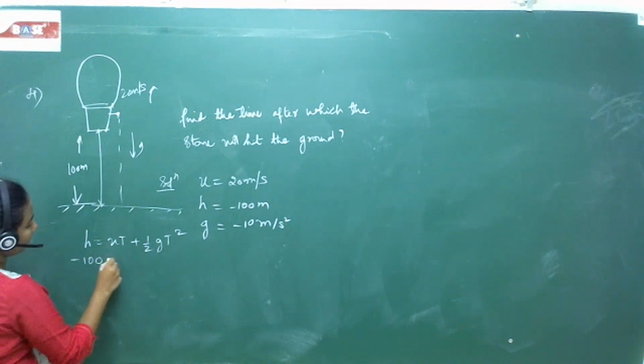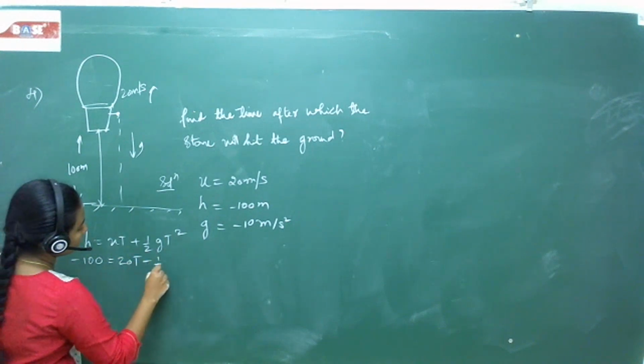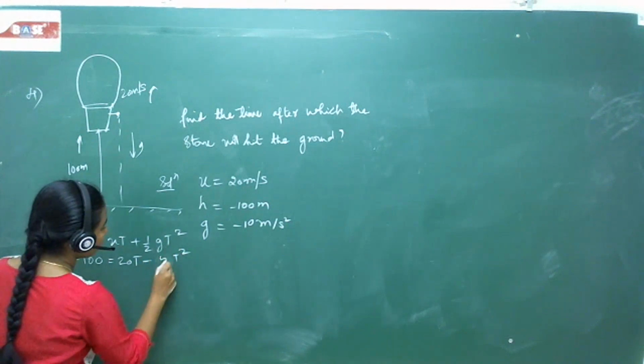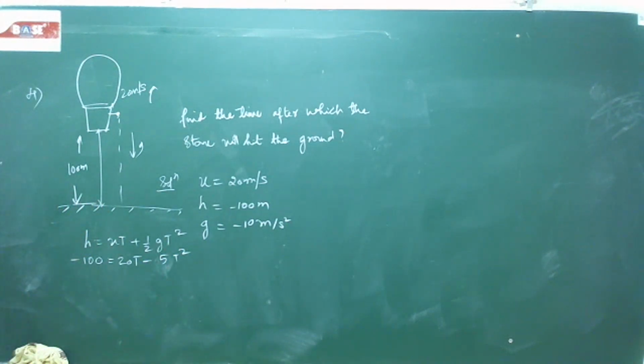So this is minus 100 equals 20t minus half g t square, or you can say it as 5t square, because g is 10, 10 divided by 2 is 5.